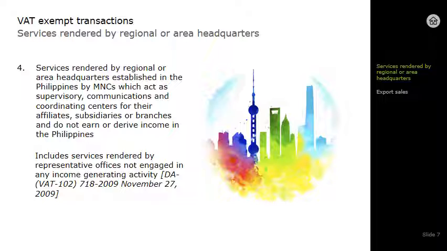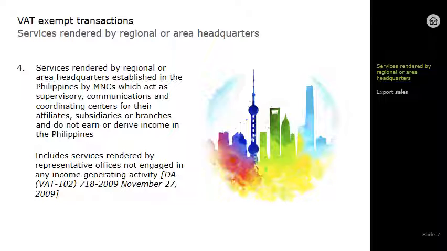They are considered income tax exempt. Well, what is provided here na yung mga exempt na sa income tax yung regional area headquarter, exempt din siya sa VAT because of this provision under VAT exemption. Yan yung services rendered by regional or area headquarters.